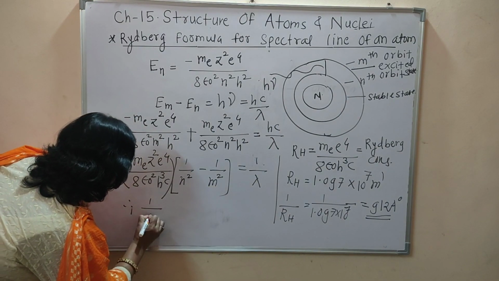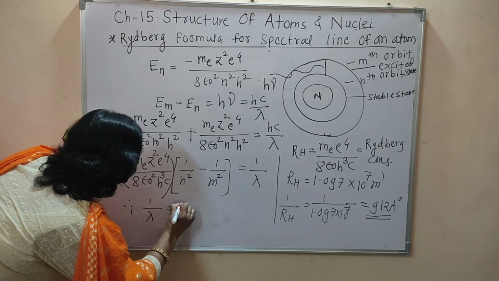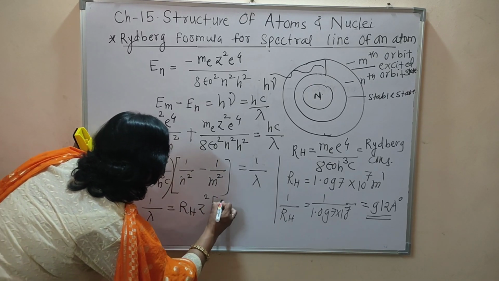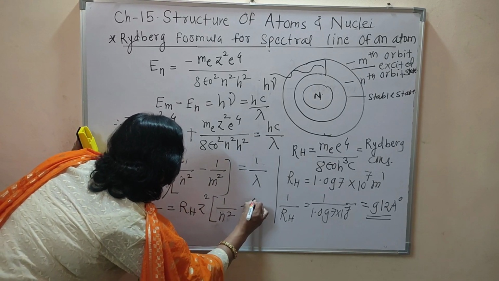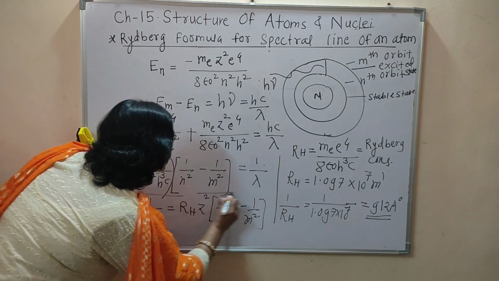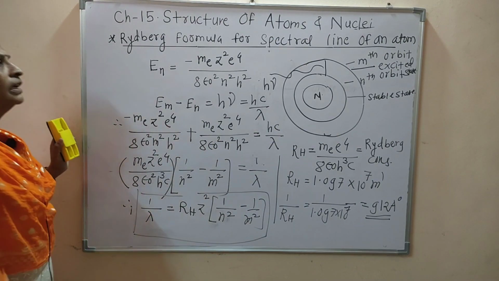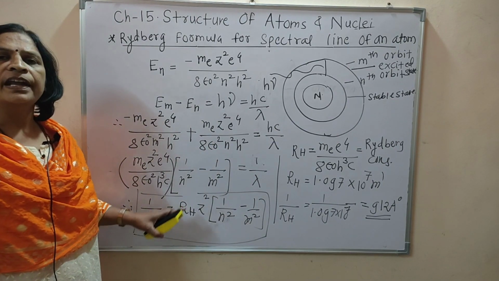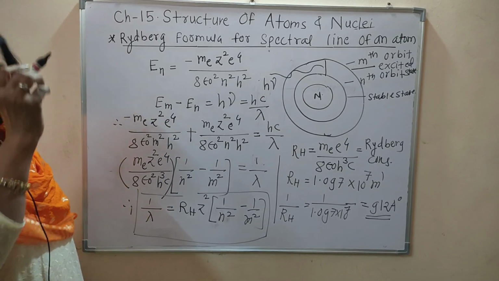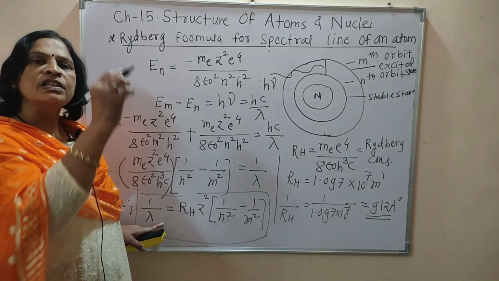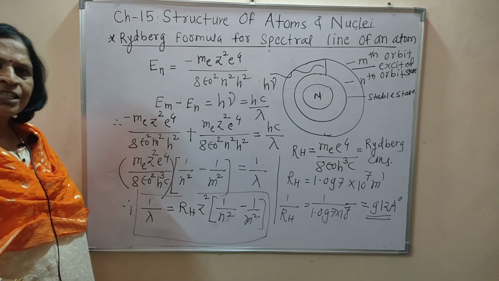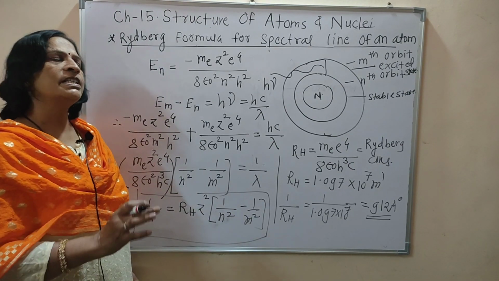Rearranging this equation, we can write 1 by lambda is equal to RH Z square into 1 by n square minus 1 by m square, and this formula is called the Rydberg formula for the spectral line of an atom. By using this formula, we can calculate the wavelength of every line present in the Lyman series, Balmer series, Paschen series, Brackett series, Pfund series.